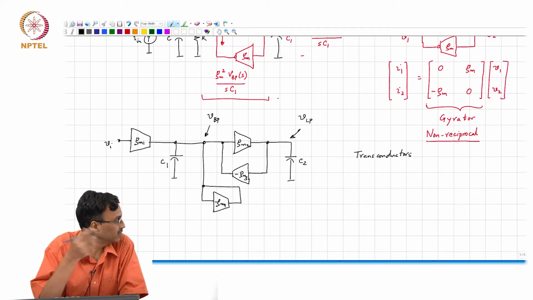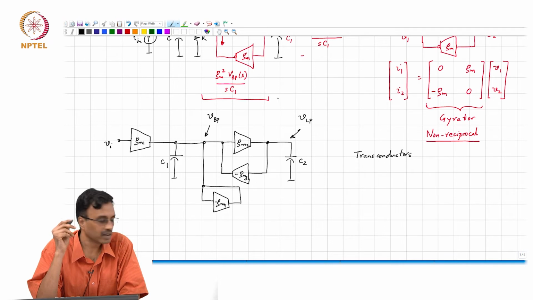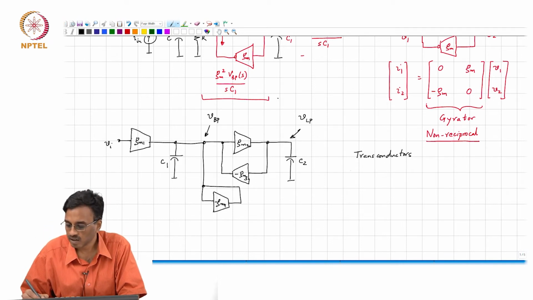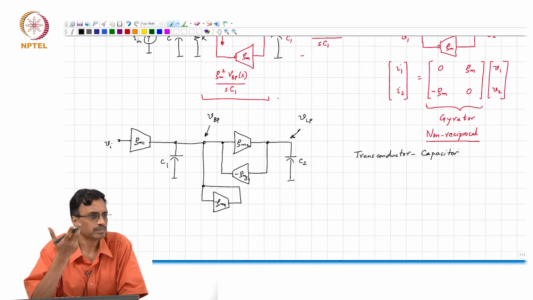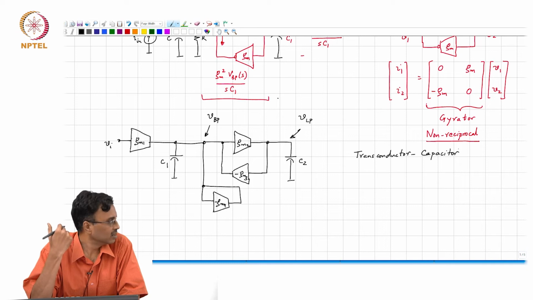And so these filters basically are what are called transconductor capacitor filters, which is yet another way of realizing a second order filter transfer function without using inductors explicitly.